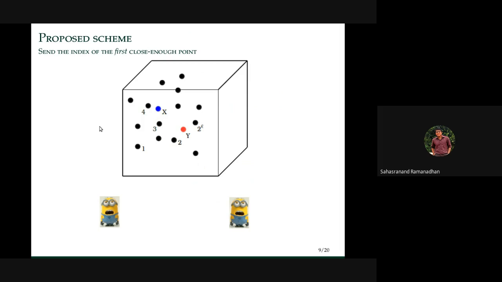Now, in addition to these observations, these two parties also have access to these 2 to the L points, which are also in the n-dimensional space with plus and minus 1 entries. And there are 2 to the L of them. This is called shared randomness. So they know these random points, they share this information.